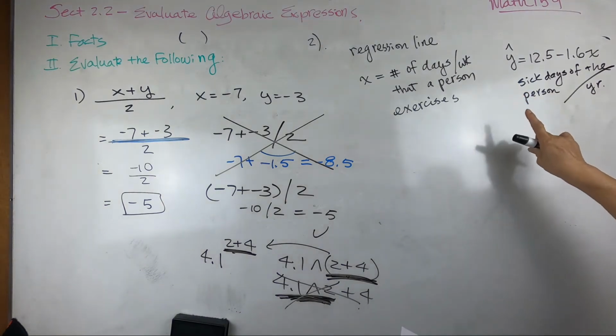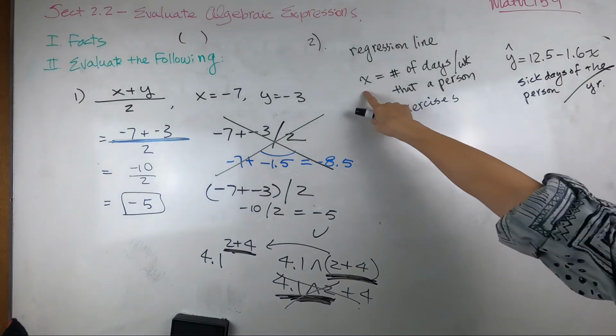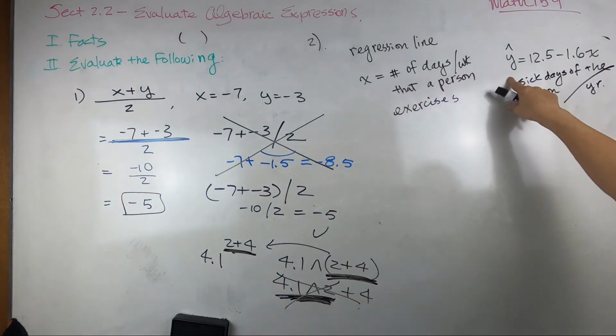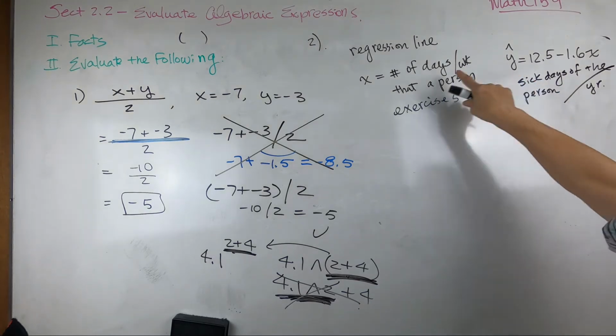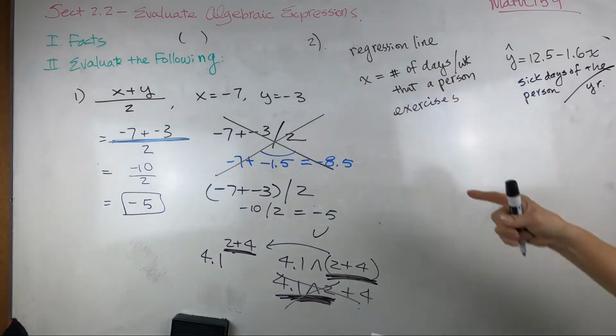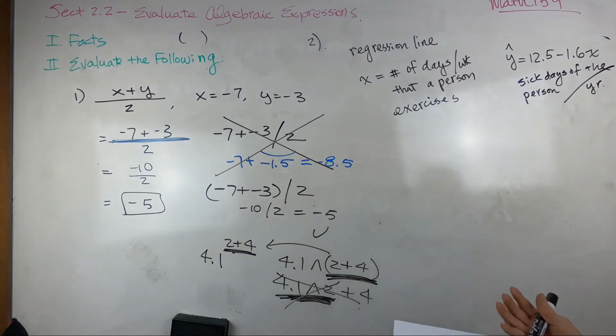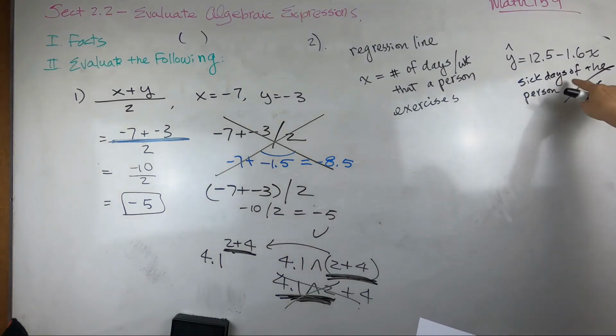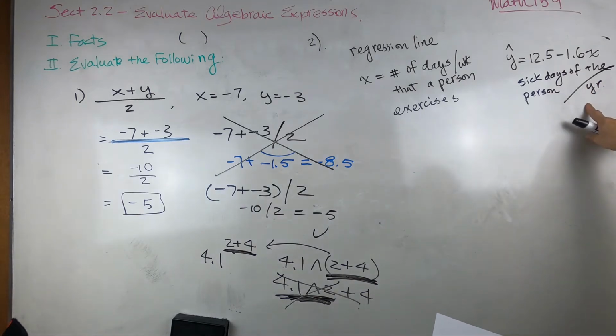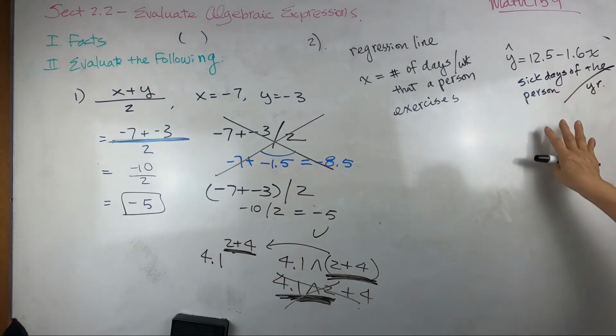Now you start to understand what x and y hat represent at this moment. x is the number of days you exercise. Then it will tell how many sick days per year. Then we follow through.